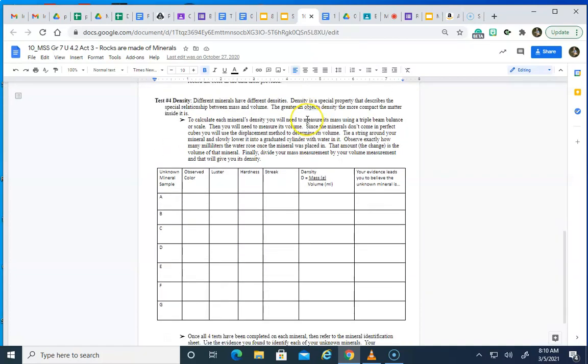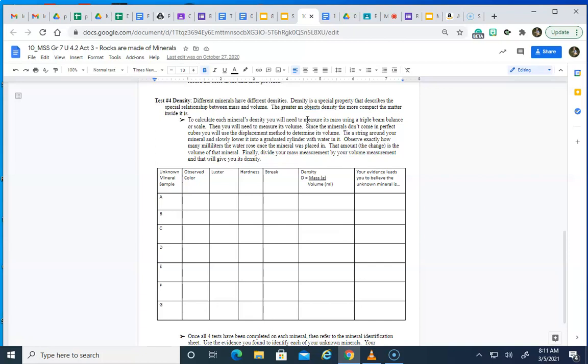Finally, density. Remember all the way back to 8th grade when we did a density lab and we had to do some water displacement to determine density. We had to figure out the volume of the substance, and we also had to find out the mass. On the side counter, we have some graduated cylinders that you can use to determine the volume.